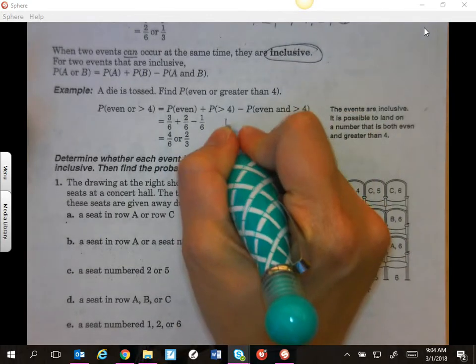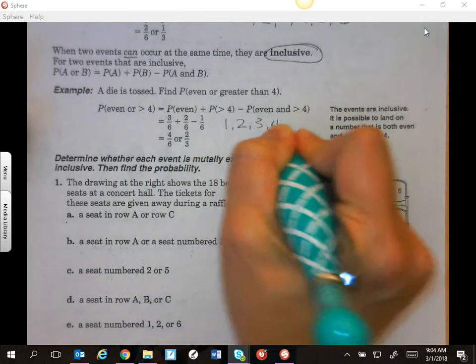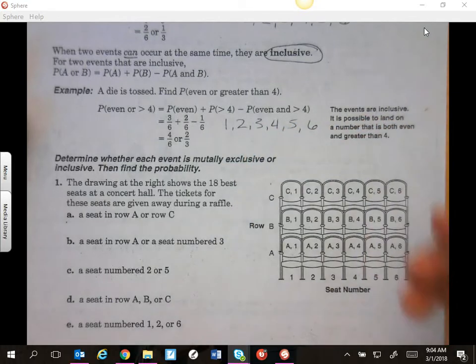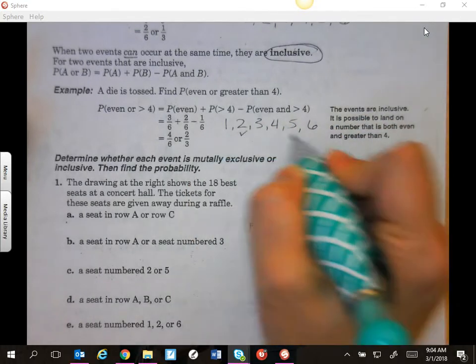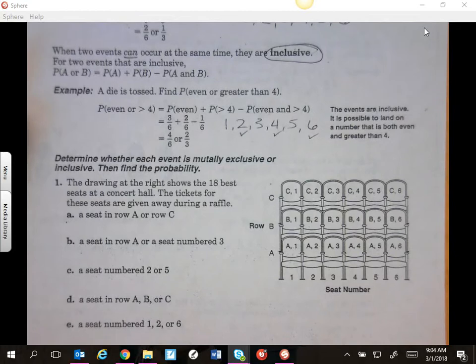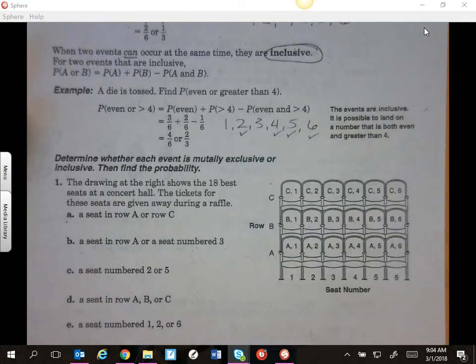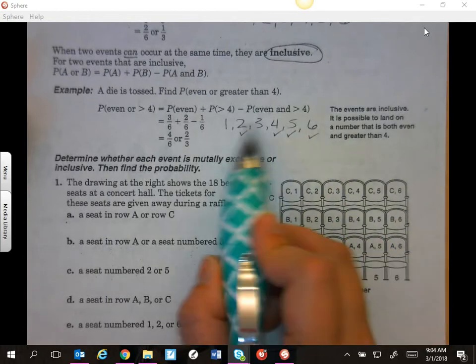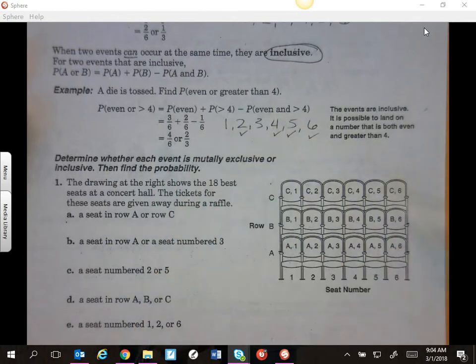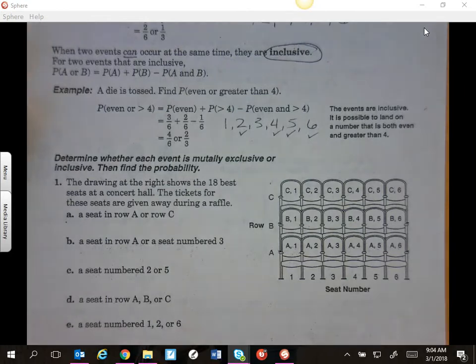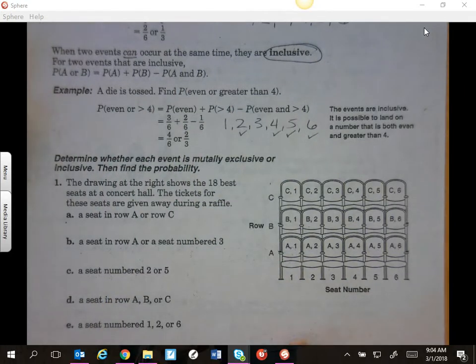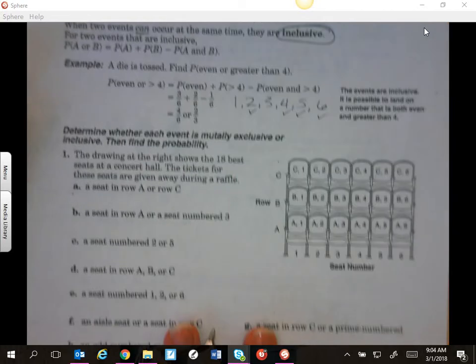If you just list out your possibilities, the even numbers are here, and greater than 4, the only number that doesn't have a check mark is the 5. So you can see that there is 1, 2, 3, 4 out of 6, which is 2/3. So you don't need to memorize this whole plus and minus thing. If you just look at what you have, you can count them.